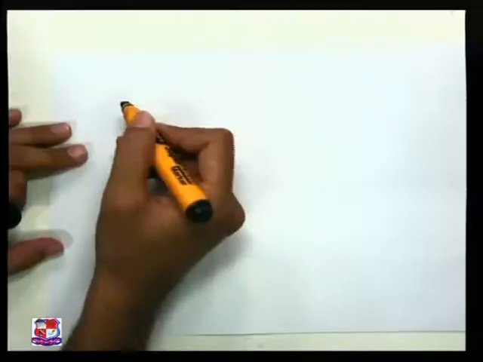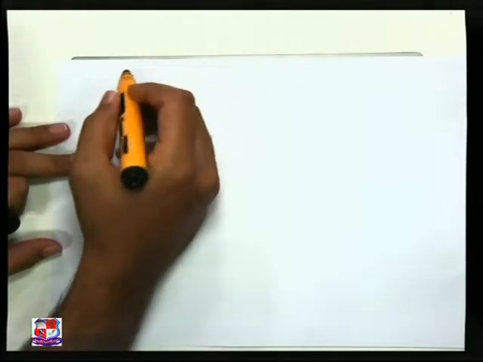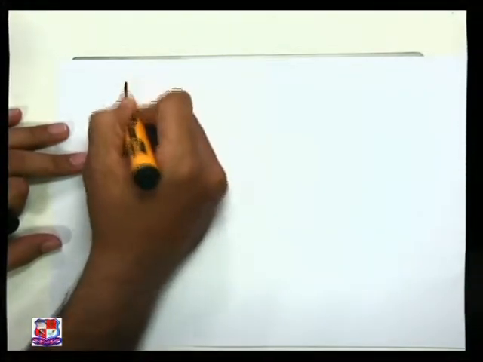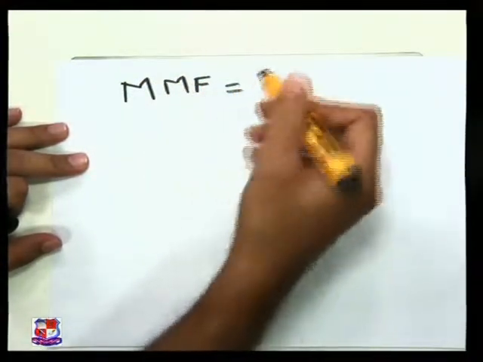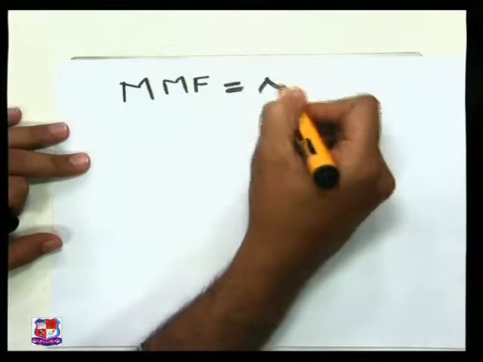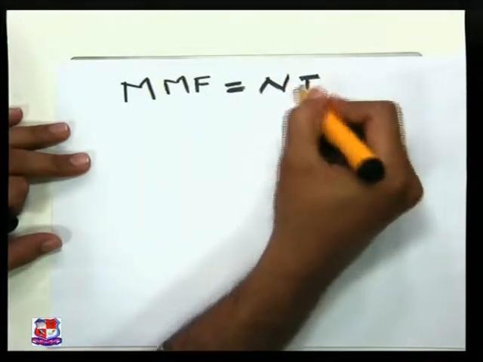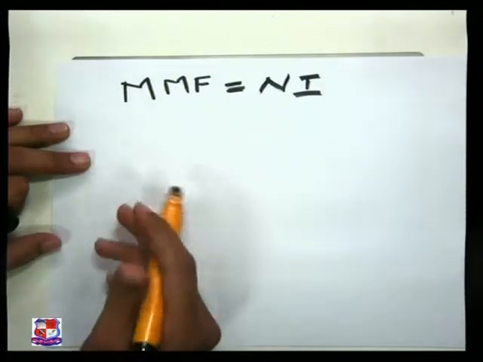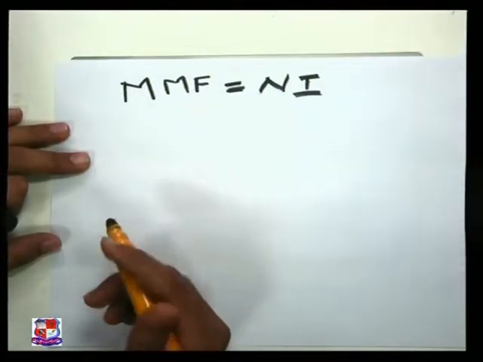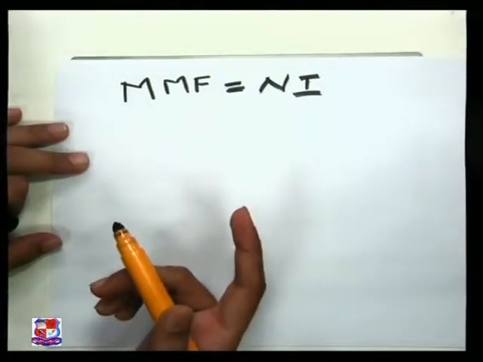Now one question is there that relates magnetomotive force, that is MMF. It is given as Ni. Magnetomotive force is the force that tends to establish flux in the magnetic circuit, right?